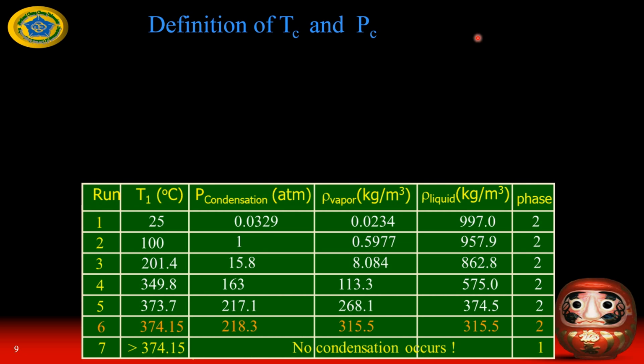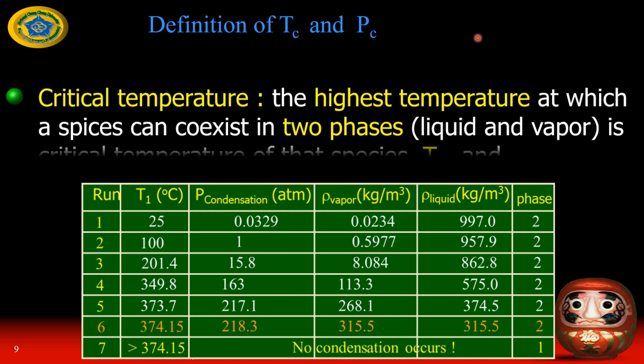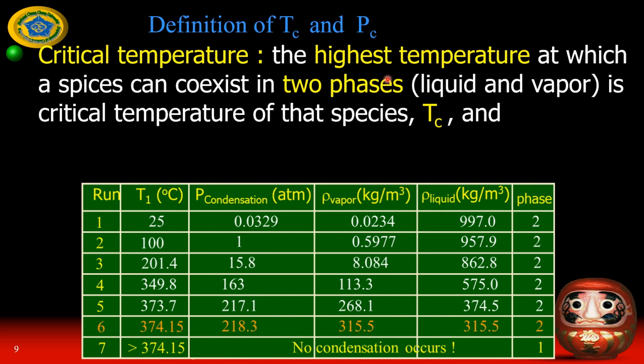Okay, so the definition of the critical temperature and critical pressure: the critical temperature is the highest temperature at which a species can coexist in two phases, liquid and vapor. We use Tc. So this is Tc here.